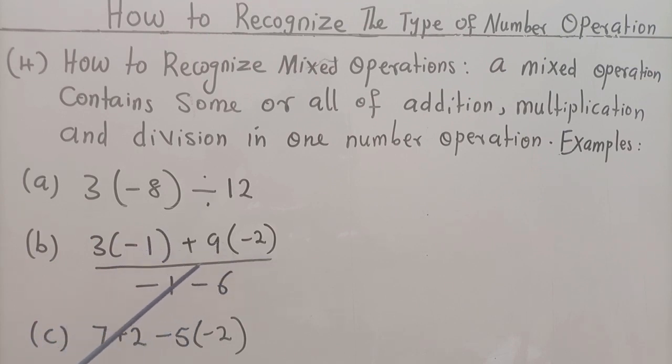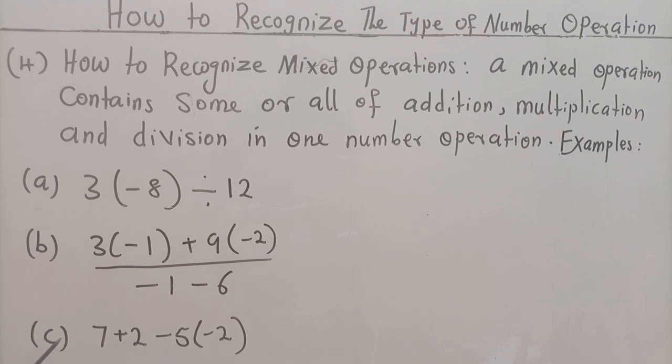Then this slash is what you're going to carry out last. What does it mean? It is a sign of division. That means divide the single number you got from these by the one you have made to become one number. So a single number below divides the single number above.